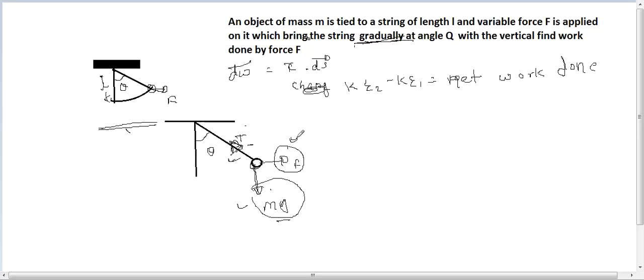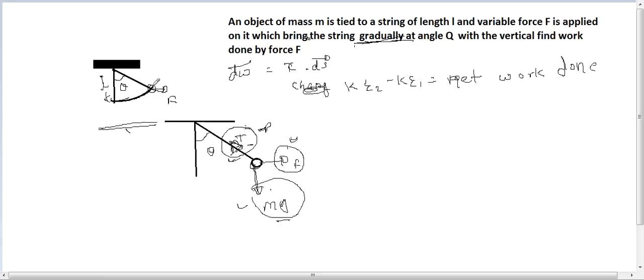Now let's consider the work done by the tension T. If you look at this geometry, the length of the string is not going to change. This means this path will be a circle.